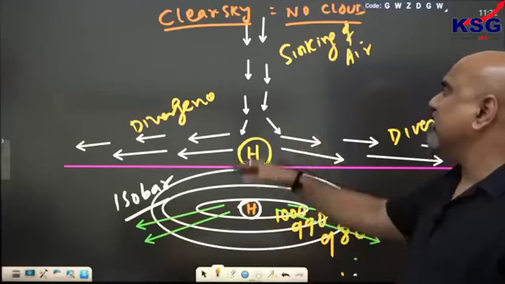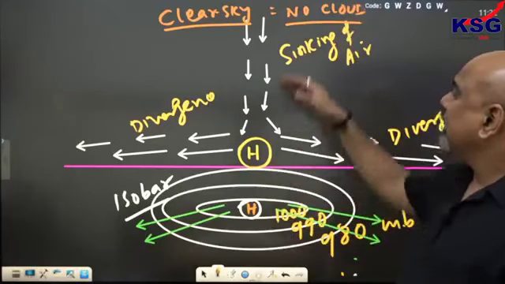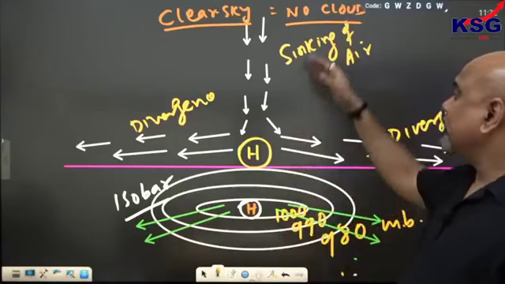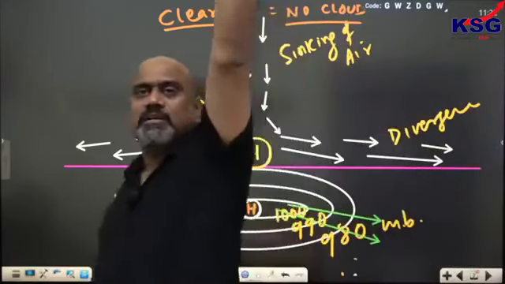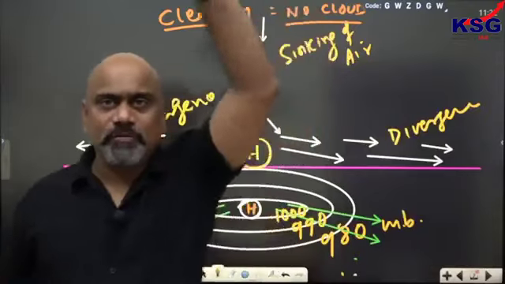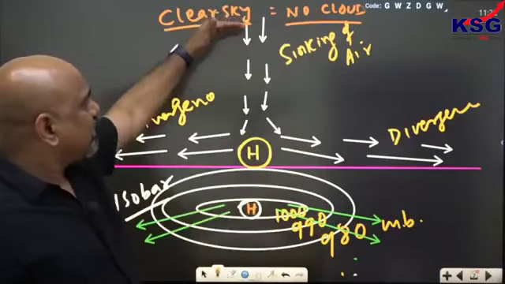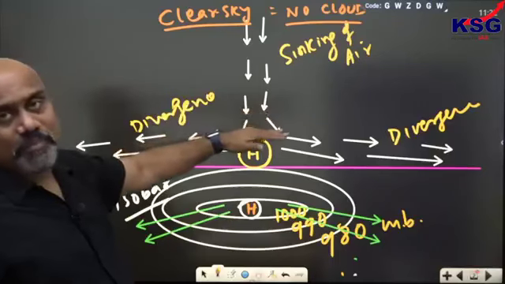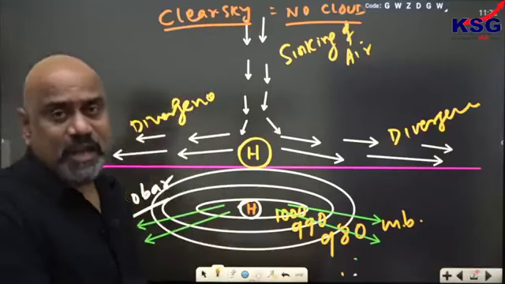Because of the divergence, we have subsidence of the air. So, air will sink. अगर नीचे से ऊपर जाते हो तो टेम्परेचर घटता है. From above if you come down, then temperature will increase. So, ये cold air comparatively warming effect होता है यहाँ पे. टेम्परेचर थोड़ा बढ़ जाता है. Descending air raises the temperature.